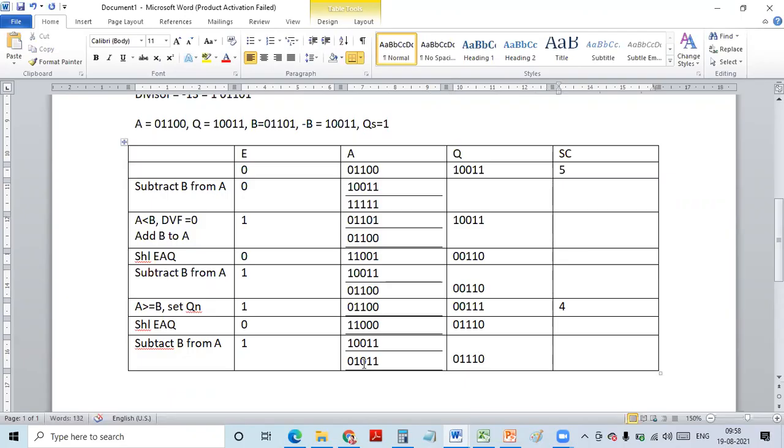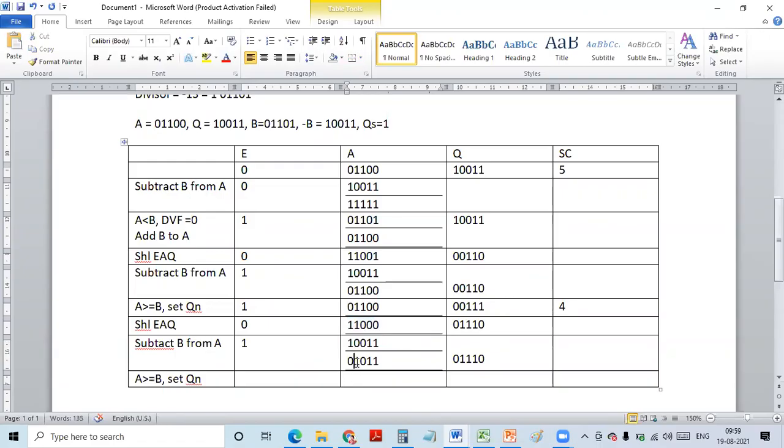Now you have to take the decision, since E is 1 here. It means your A is greater than or equal to B. Only then can your E be 1. So I have to set my Qn. It means one time our B can be subtracted from the partial remainder, whatever is available in A, which is called the partial remainder now.